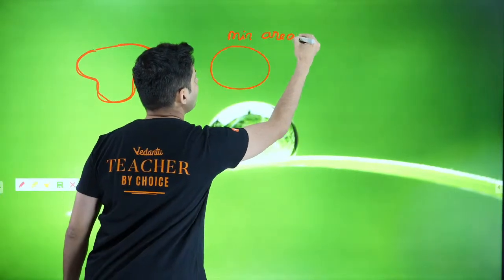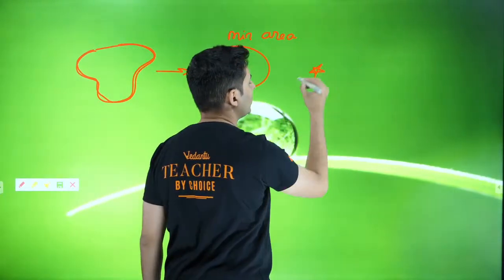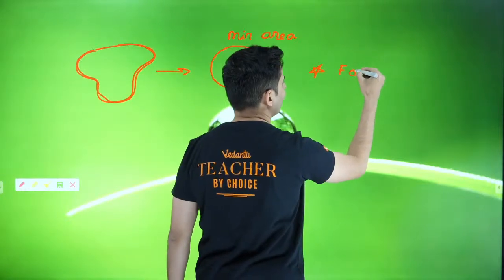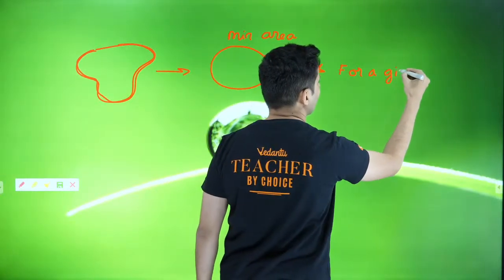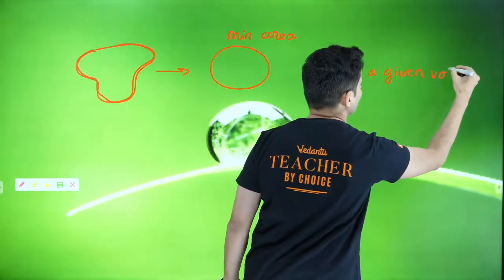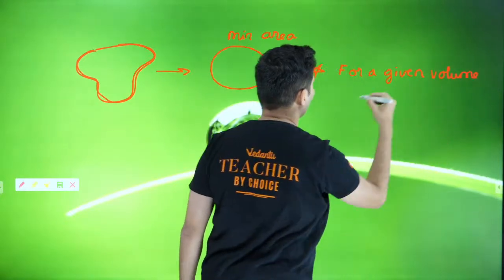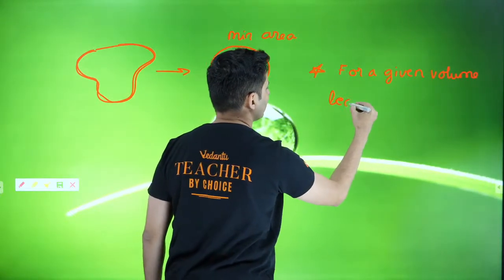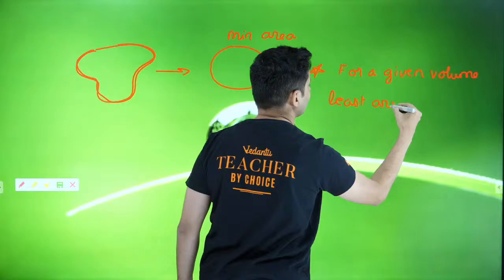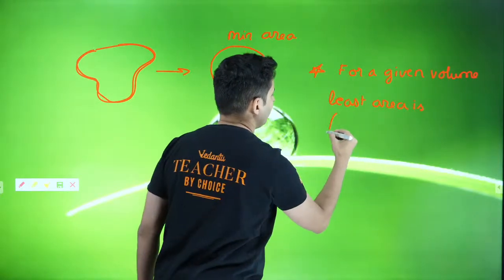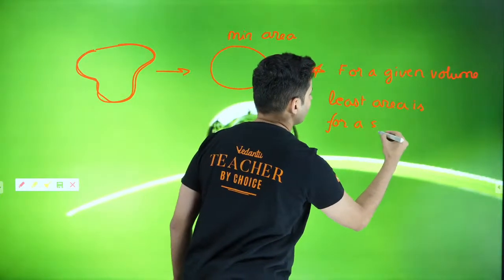So this is a very important rule, which I'm writing over here. For a given volume, the least area is for a sphere.